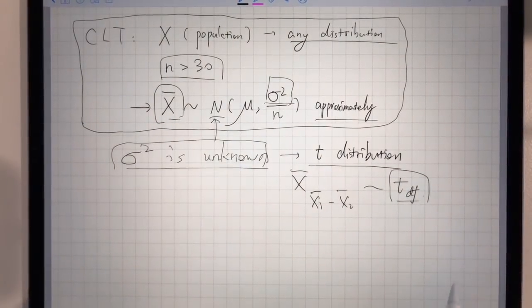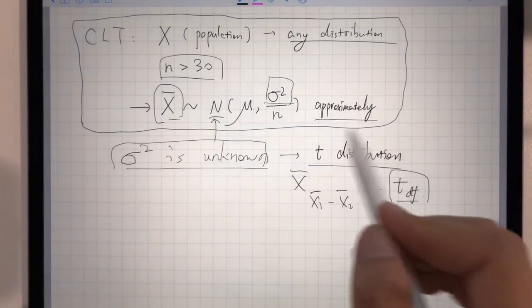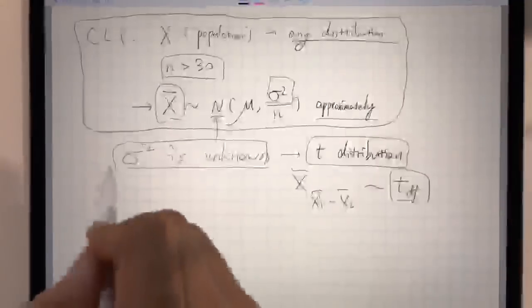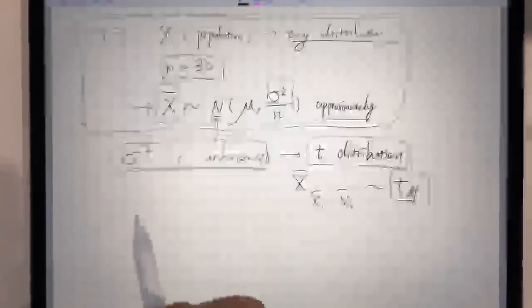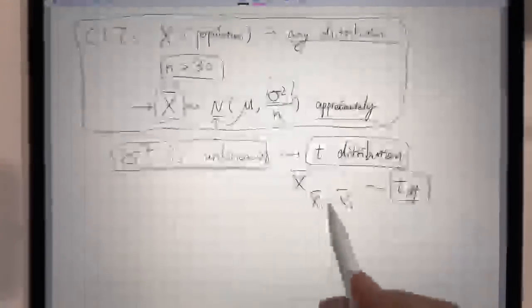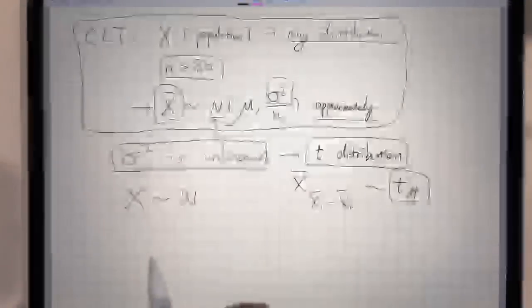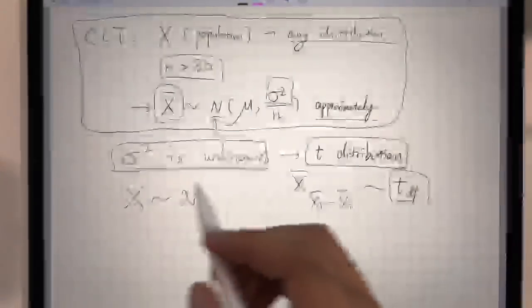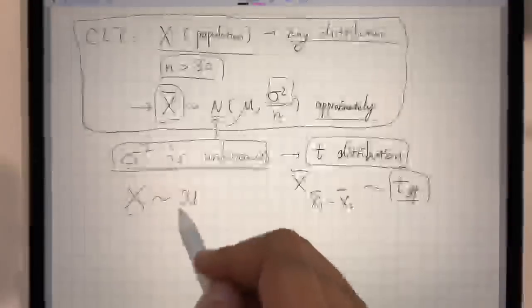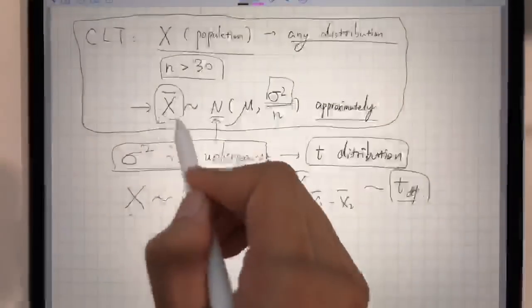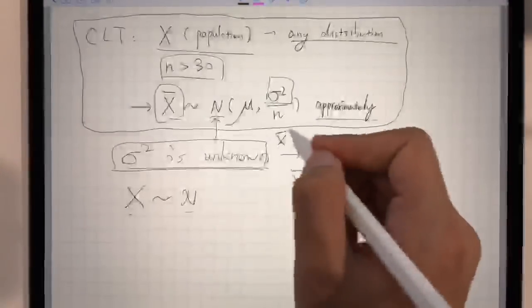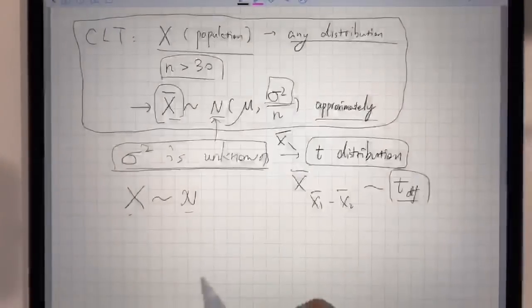So one assumption of using t distribution when sigma square is unknown is actually to assume x follows normal distribution. I mean the population, right? The population x must follow a normal distribution in order for x bar to follow a t distribution.